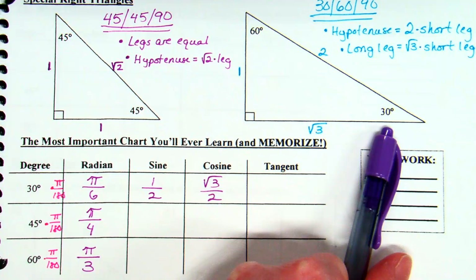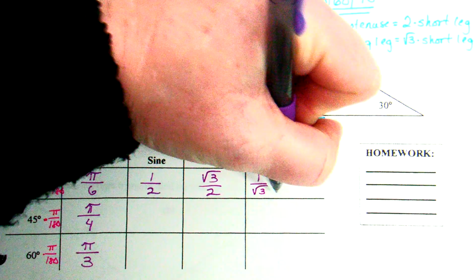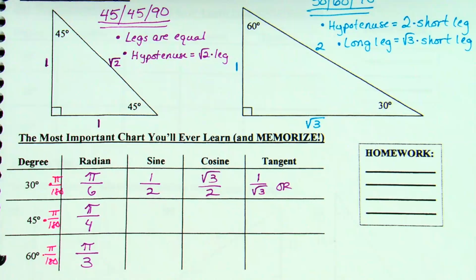Opposite over adjacent, so 1 over square root of 3 is what you come up with initially, and I will accept that. However, you need to be familiar with what this is equal to when it's rationalized, because more often than not, we see the rationalized version. What is this when it's rationalized? Square root of 3 over 3.